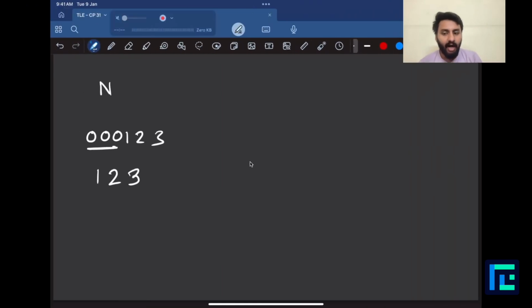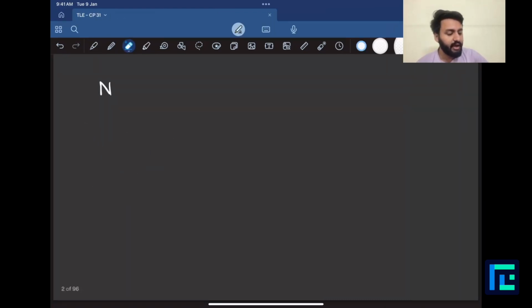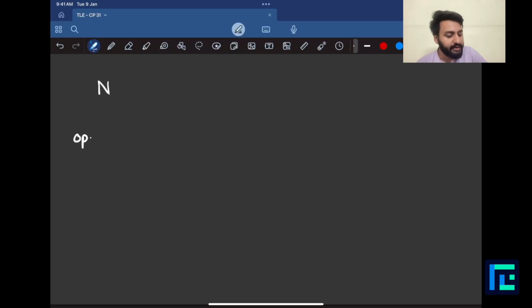Alright, great. Now what they are trying to tell you is something like this. If you have a number n with you, you basically have a power. We'll call this an operation. In this operation, what are we allowed to do? We are allowed to remove any one digit in n. So let's say n is made up of some digits, like 1, 2, 4, 5, 6. I can just choose any digit on my own.